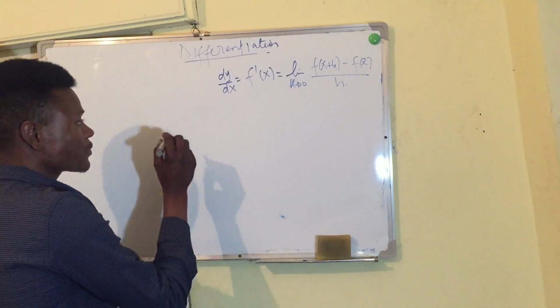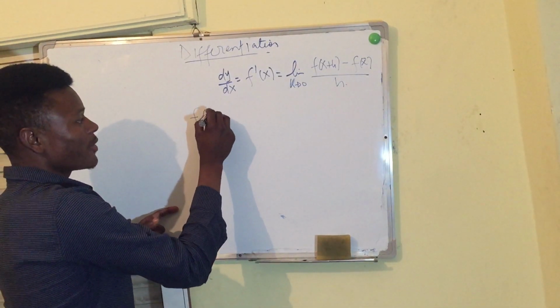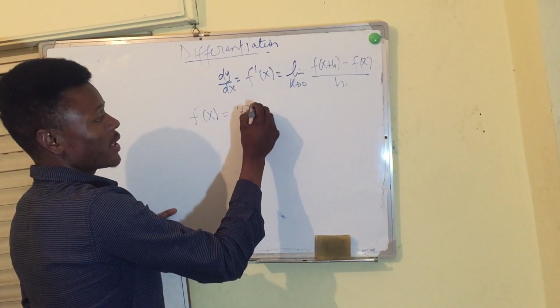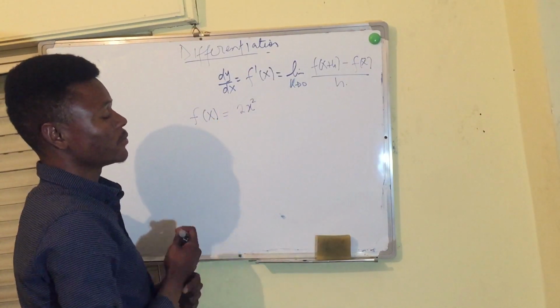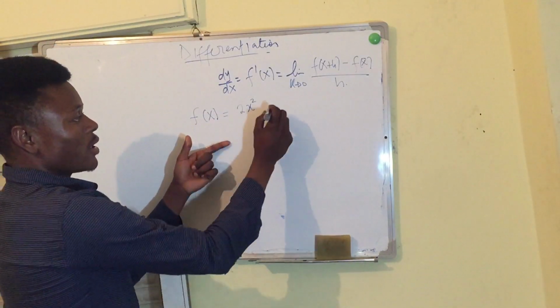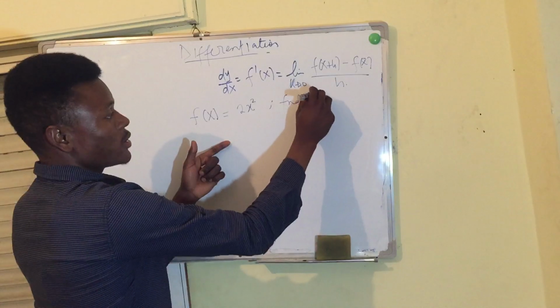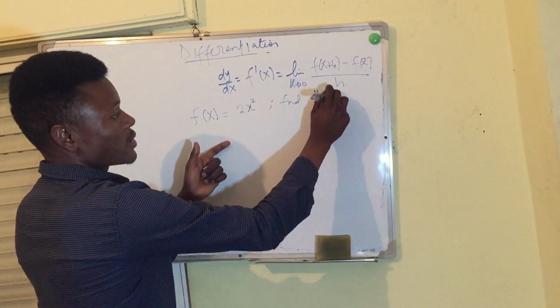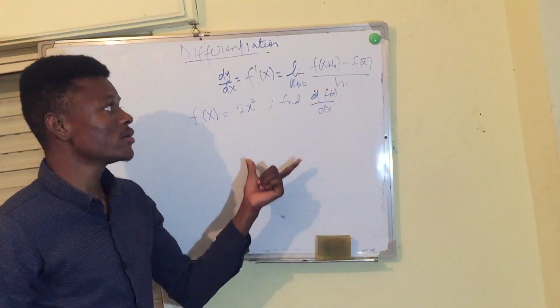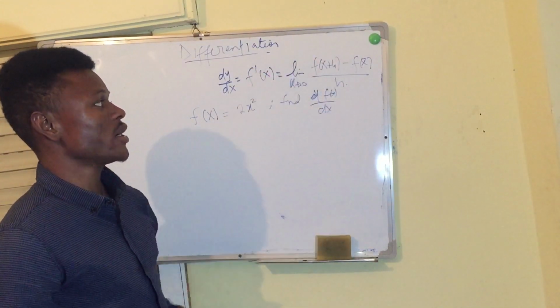For example, you have a function f of x is equals to 2x squared. For example, this one. So we're going to find the f of x dx. We're going to derivative na wannan function ɗin. Sai mun san menene f of x plus h.